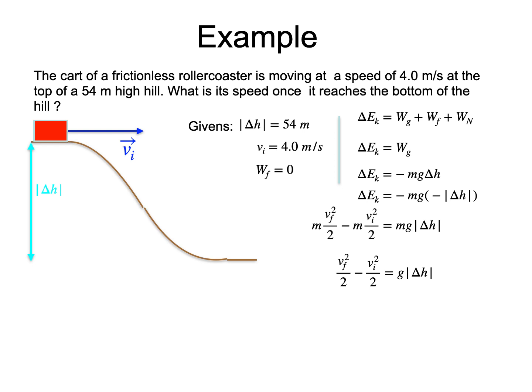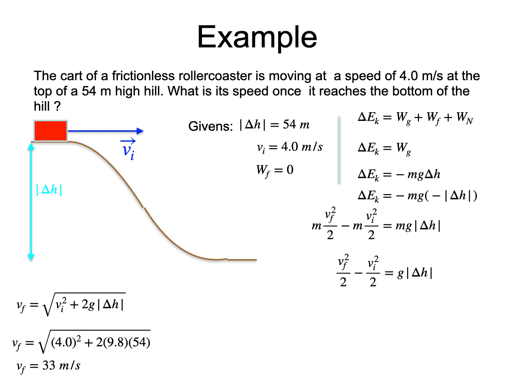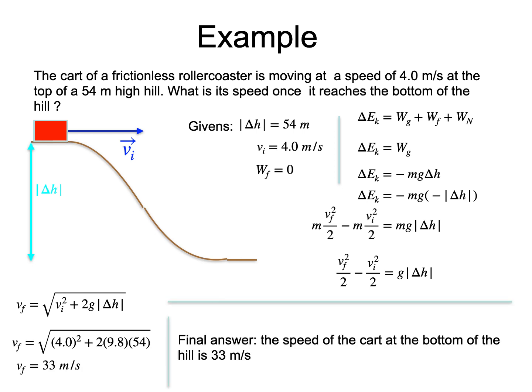Isolating for the final speed gives this expression, where only the positive root was kept since we are looking for the magnitude of the final velocity. Let us substitute the givens and arrive at the numerical answer. This is our final answer.